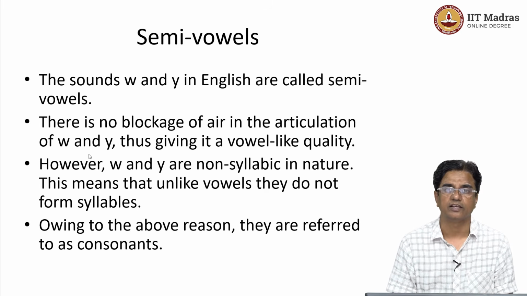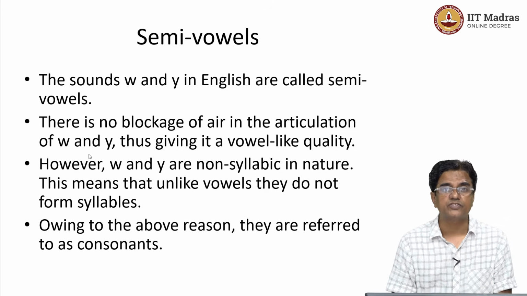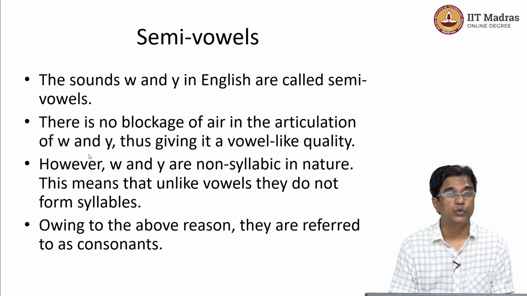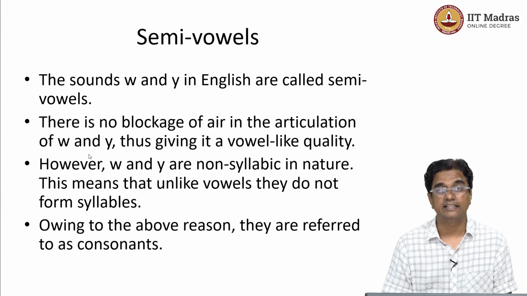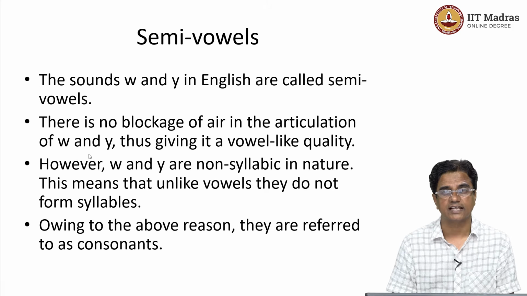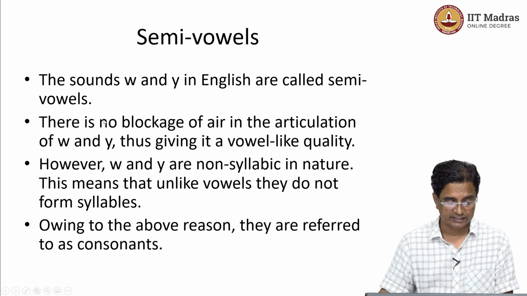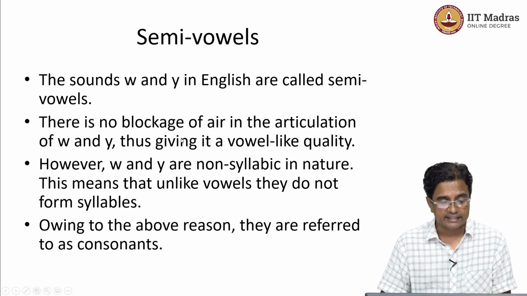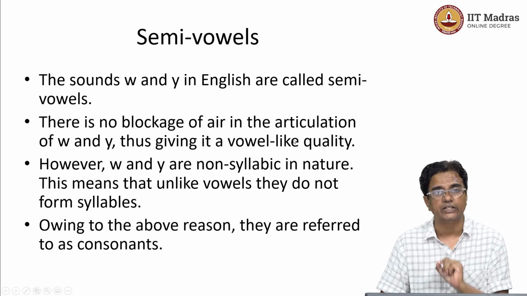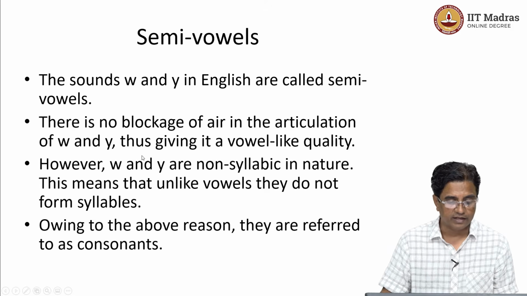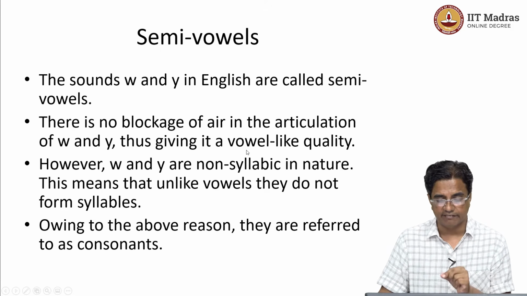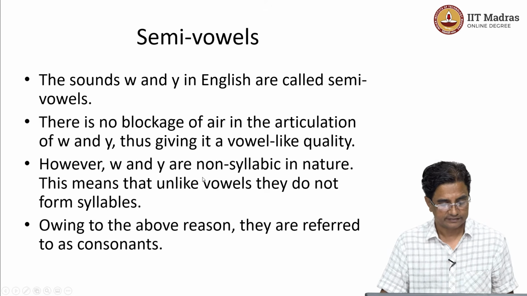For a semi-vowel, which is known as a consonant, there is no obstruction. They are produced like vowels, that is, without or with very little obstruction. This is what we mean when we say there is no blockage of air in articulation of wa and ya, thus giving a vowel-like quality.